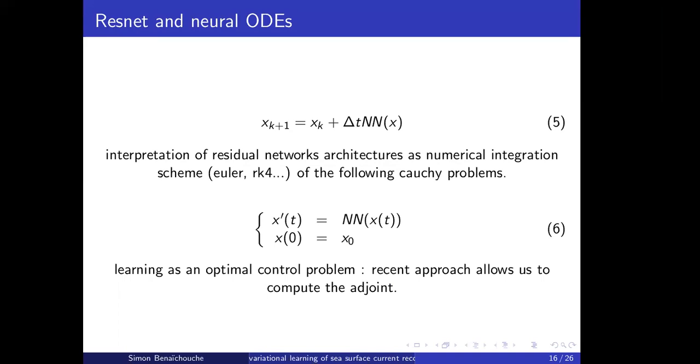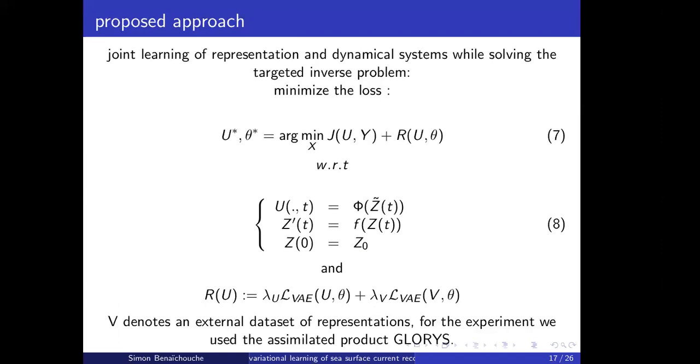To do this, we solve an optimal control problem, but we can do this easily using the PyTorch library, which is provided on GitHub. So in our approach, we are going to learn the generative models and the associated dynamical systems.